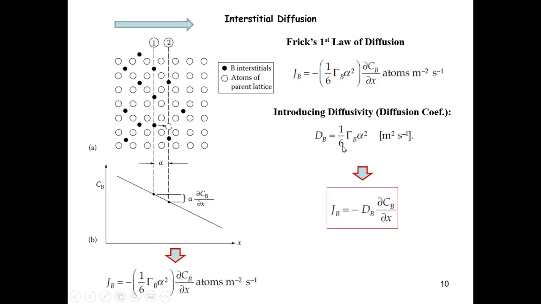In a solid state, diffusivity is determined by the interatomic distance and also the hopping rate. In particular, the hopping rate is very important in describing how fast these atoms can diffuse. The liquid is quite different. It is typically described by the Stokes-Einstein equation, which is proportional to temperature, size of the particle, and also the viscosity of the liquid, right? But in terms of the mathematics and the phenomenological law, they're all described by Fick's first law. Now, this is the first thing we want to describe. Any questions up to this point?